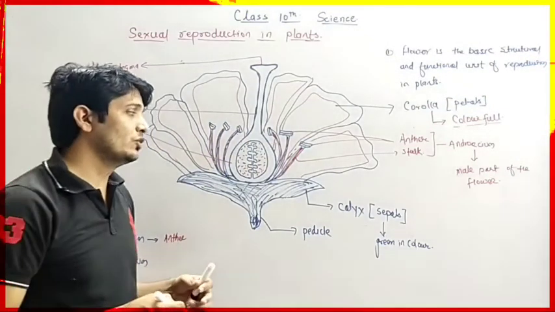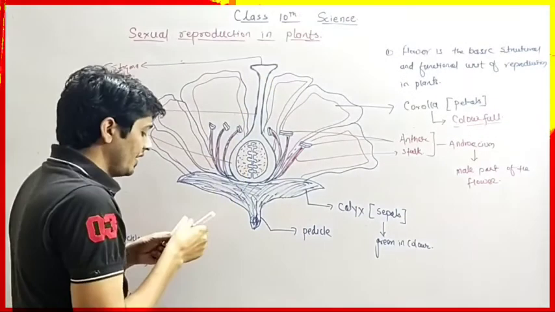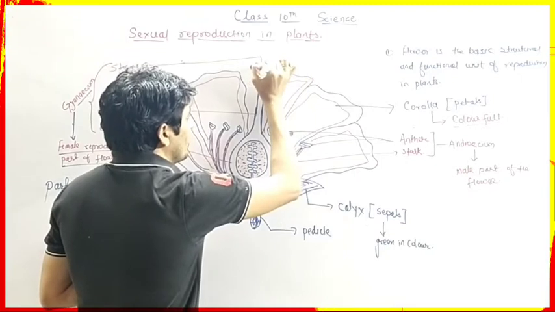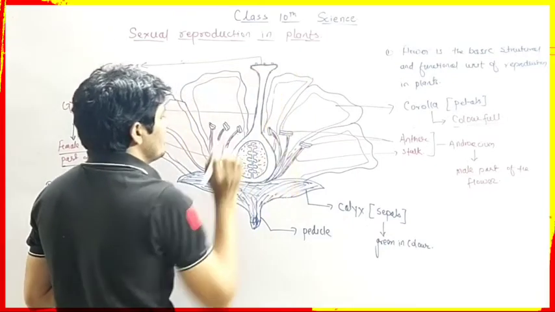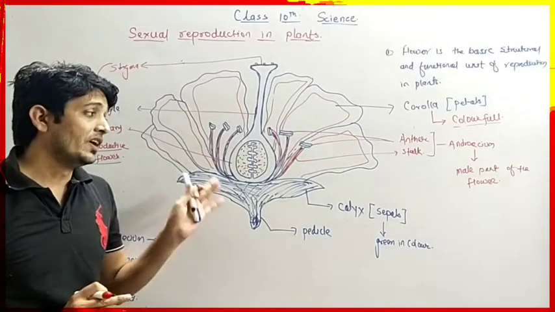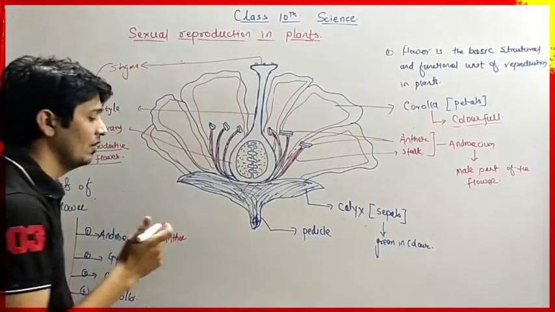Here, this is the stigma, and over the stigma the pollen grains are attached from the same flower or maybe from a different flower. See here, this is the structure of a typical flower.